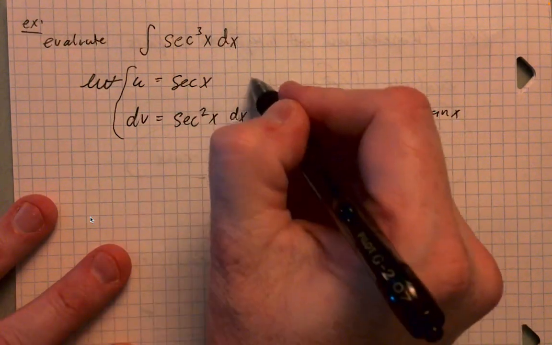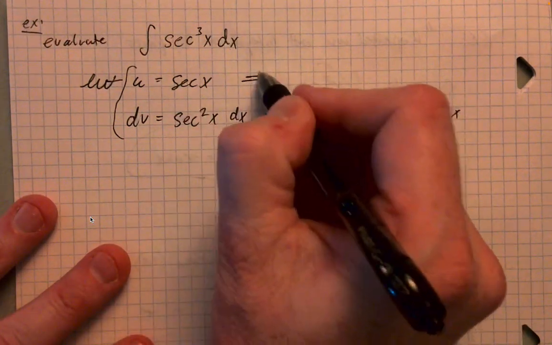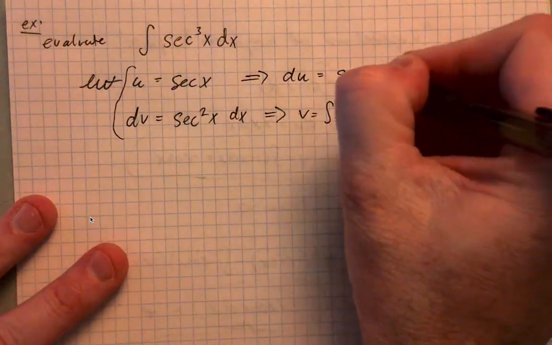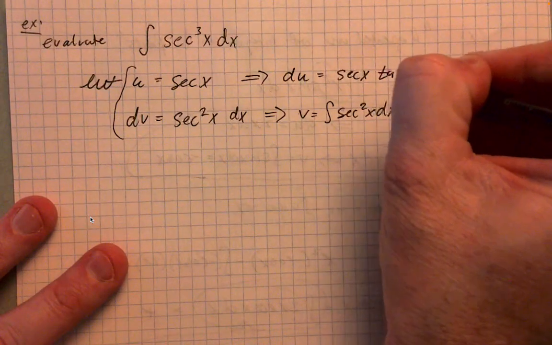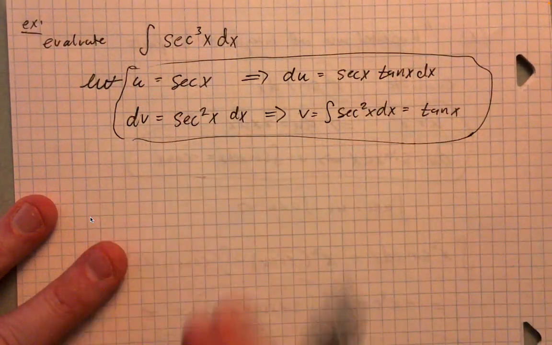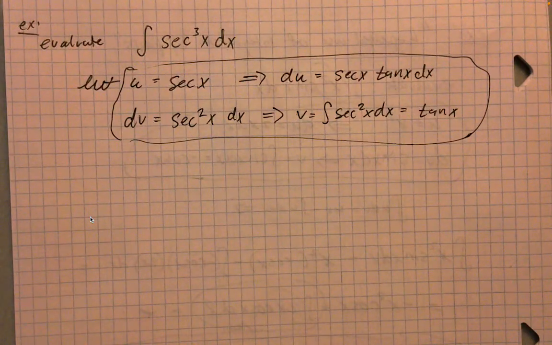Okay, and then the derivative of u, du, would be equal to the derivative of secant, which is secant x tangent x dx. Okay, so here's our integration scheme. Let's see what happens.